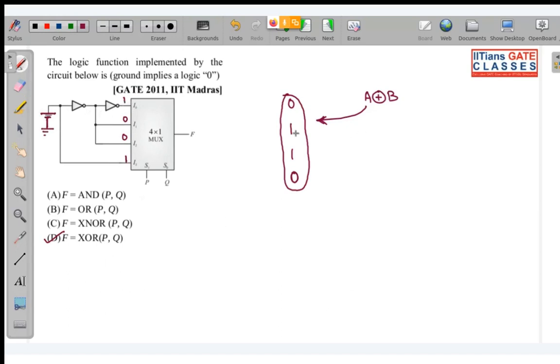So this corresponds to 1, 0, 0, 1 input to this mux. So this corresponds to which logic gate? This corresponds to A XNOR B. So at that time you would have got P XNOR Q. Okay, so note both of them very quickly. When you have ground at this position, you get XOR. When you have a voltage source of 5 volt, you will be getting XNOR.